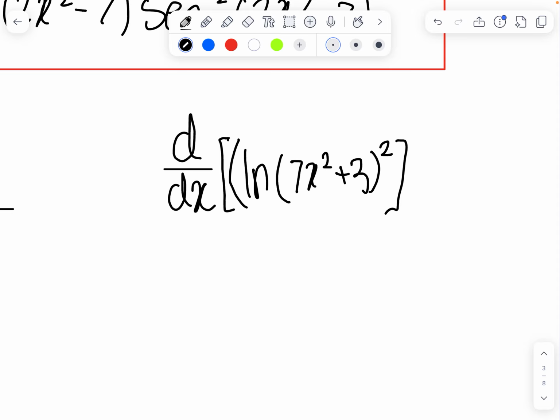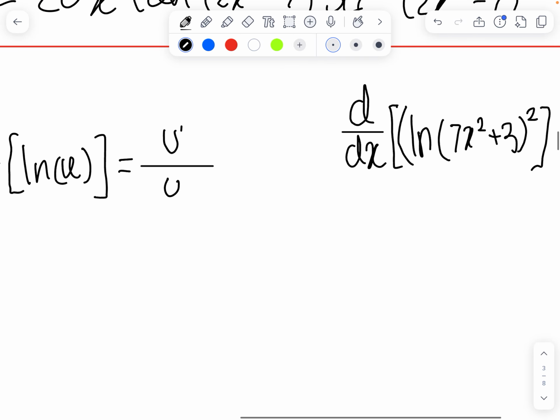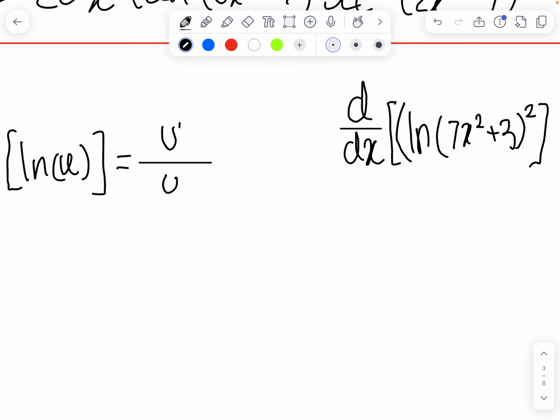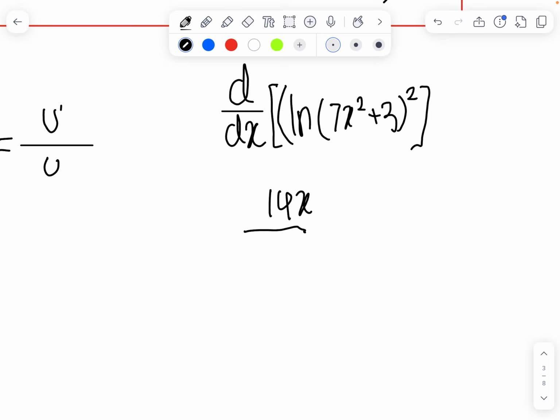Okay, so from our formula from before, the derivative is basically u prime over u. So what is the derivative of 7x squared plus 3? So we obviously know that's going to be 14x. And now that's over the normal term, which is 7x squared plus 3.